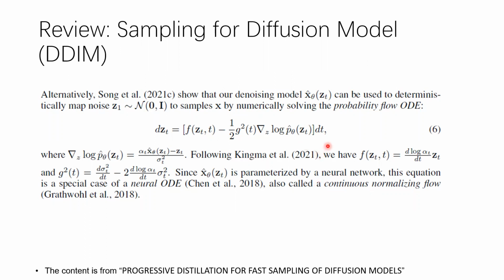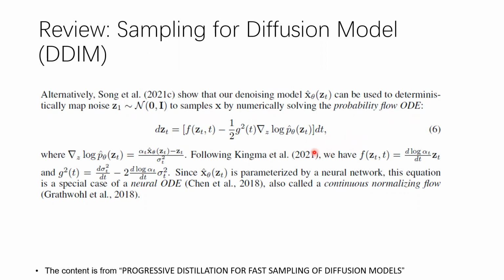I didn't look at the mathematical details, so I couldn't derive the mathematics behind it today, but the idea is that sampling can be done by numerically solving this probability flow ODE.